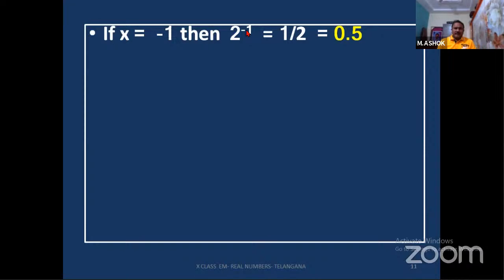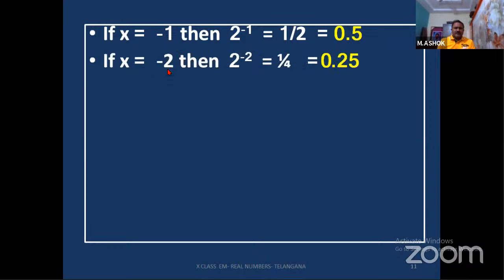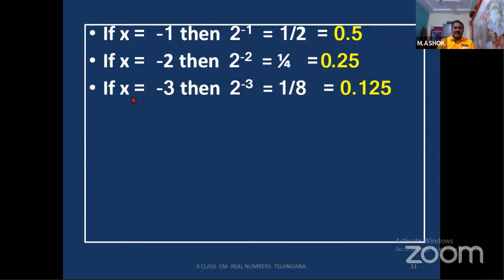Then 2 to the power of minus 1 becomes 1 by 2, its value 0.5. Put x equal to minus 2. Then 2 to the power of minus 2 becomes 1 by 2 square, which is 1 by 4. Its value is 0.25.